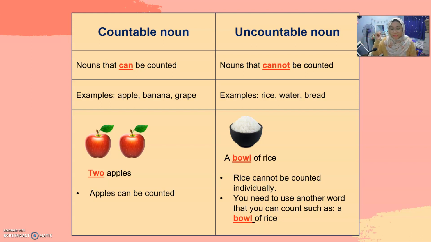Now that we know what countable and uncountable nouns are, we can start to make sentences in our heads. That's why from earlier, I ate a lot of rices is incorrect because there's no such thing as rices. Rice only has the singular form, which is rice. Rices do not exist.